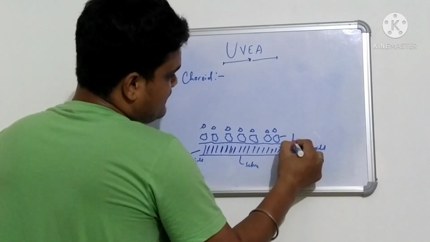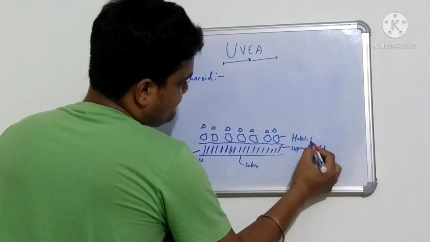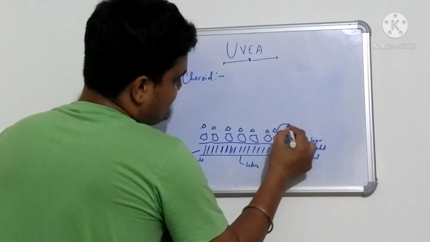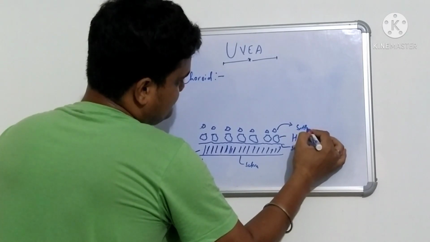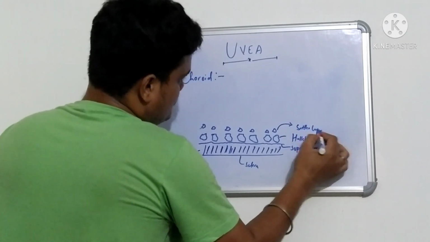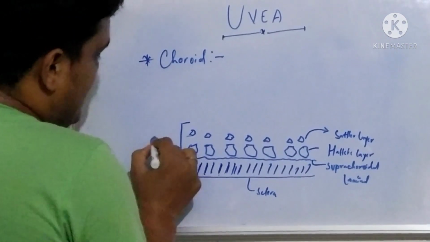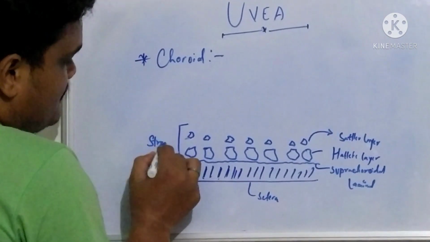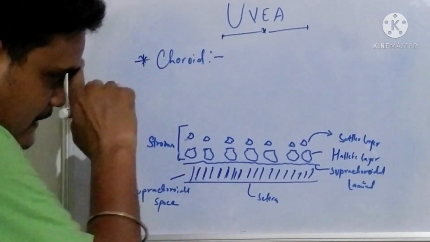The big layer is known as Haller's layer and the small layer is known as Sattler's layer. These two layers are the major constituent parts of the choroidal stroma.